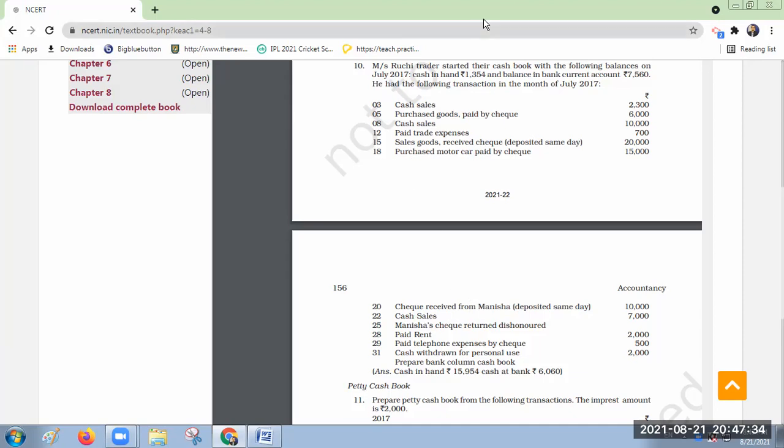Fifteenth date. Is it a contra entry? Yes, sir. What contra entry? It will not be a contra entry. Deposited on the same day. How is it a contra entry?